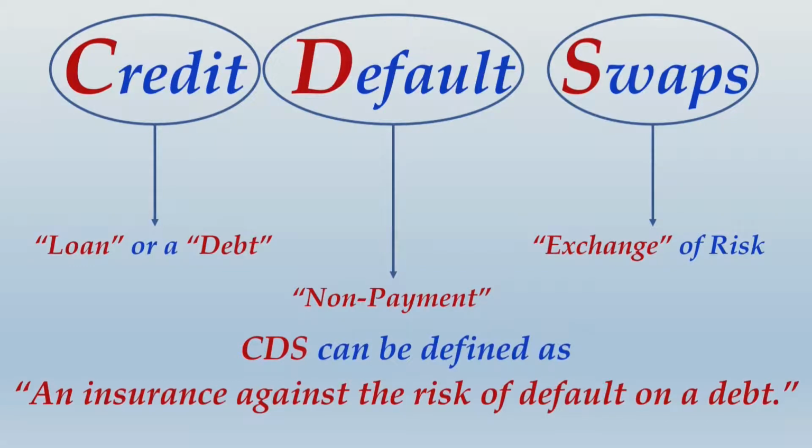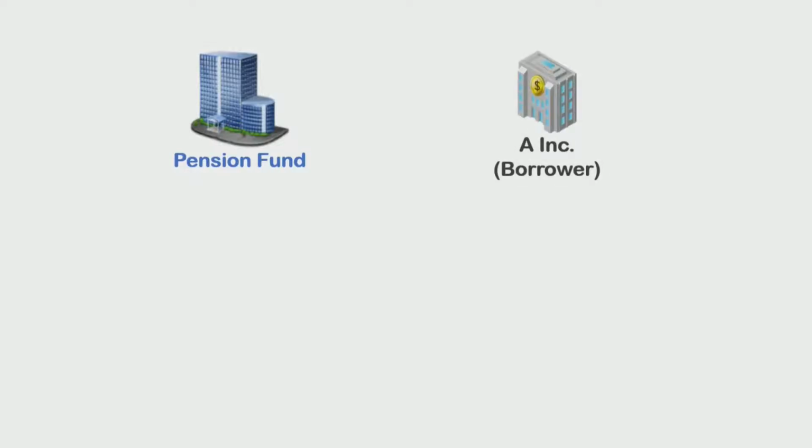Alright friends, once you have completed writing this much, let us move ahead and try to understand through an example. Imagine that this entity is a pension fund, and there is another entity, A Incorporation, which is over here behaving like a borrower.